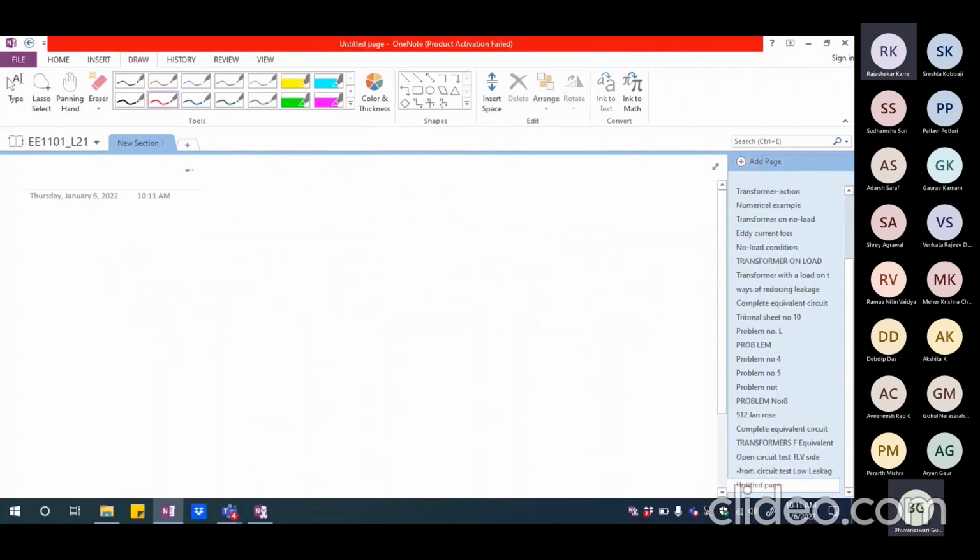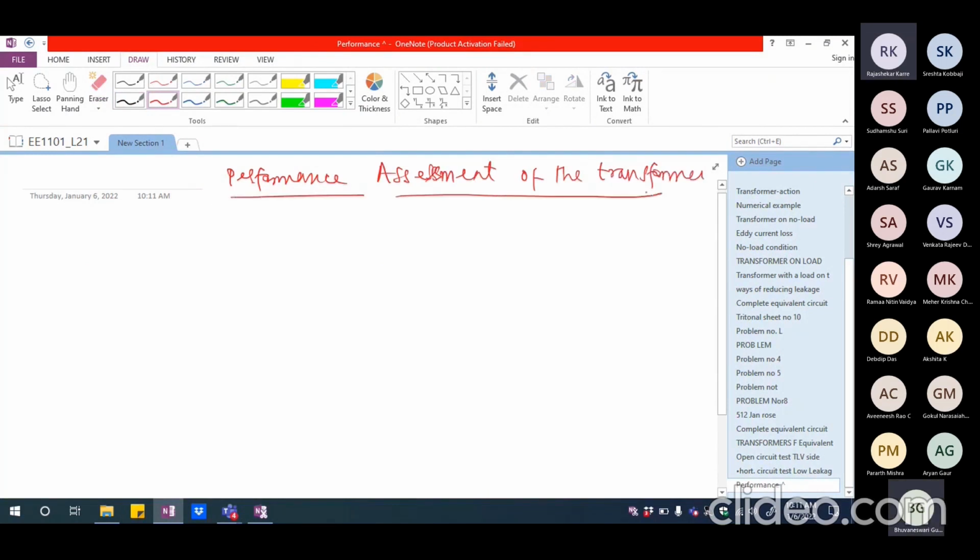Now that we have the losses determined and the parameters of the equivalent circuit determined, we should be able to assess the performance of the transformer. Performance assessment of the transformer. So how are we going to really assess the performance of the transformer?